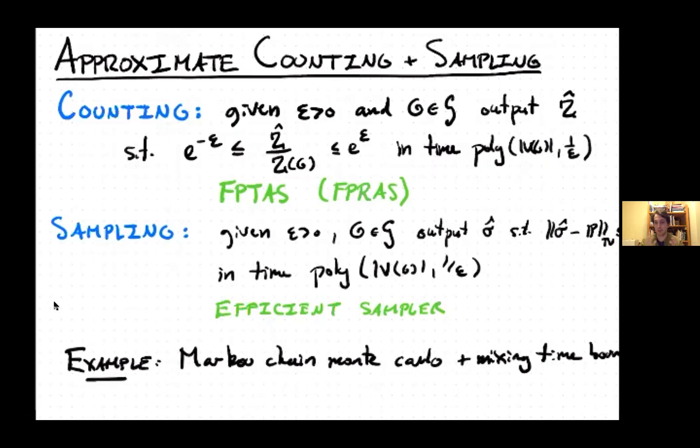So the worst case running time will not be polynomial. It will instead be exponential in the volume. So we can't expect to use Markov chains and mixing time bounds to get algorithms at all temperatures or all values of parameters.